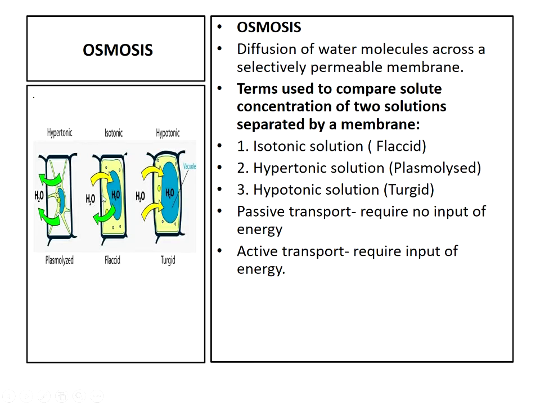In this figure, you may observe that the movement of water molecules takes place both towards the inside and towards the outside, and there is an equal concentration of solute. This isotonic solution leads to the flaccid condition of a cell.